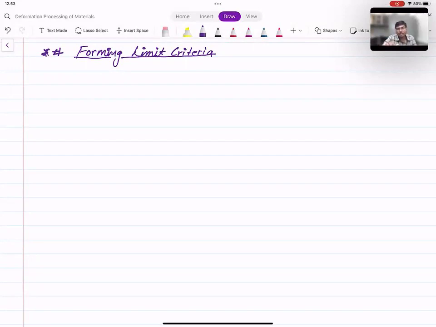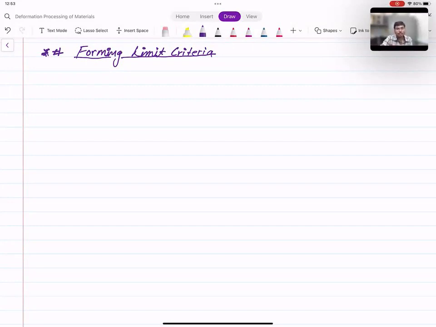Then when the sheet is deformed, these circles get strained. They deform and take the shape of an ellipse. So there is a strain in the major axis, and there is a strain in the minor axis also.